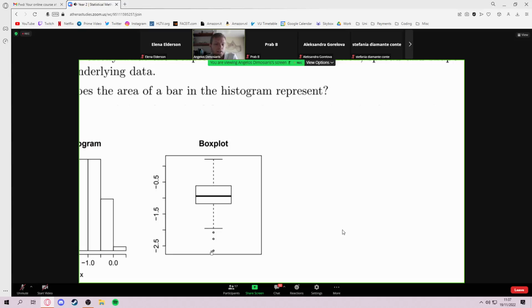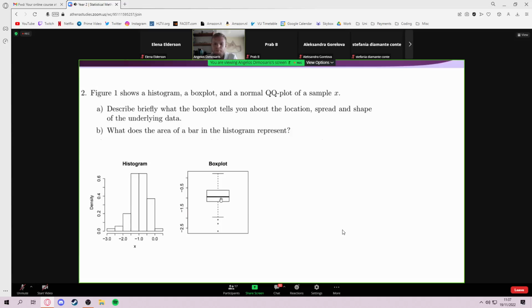So I would say it's pretty normally distributed data. If you say that the median is a little bit below what was expected, not exactly in the middle of the box but a little bit lower, you can probably say it's right skewed distributed, right?